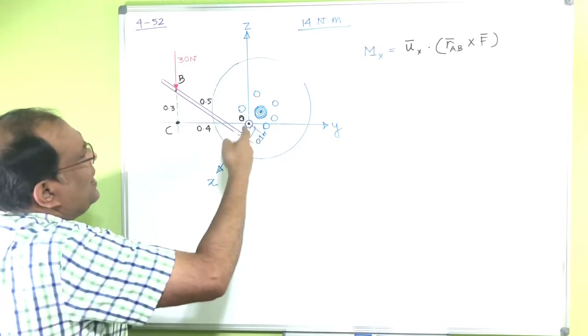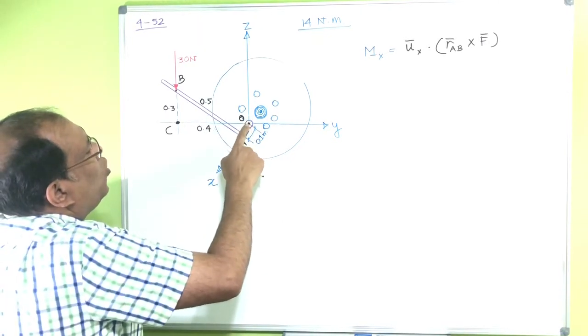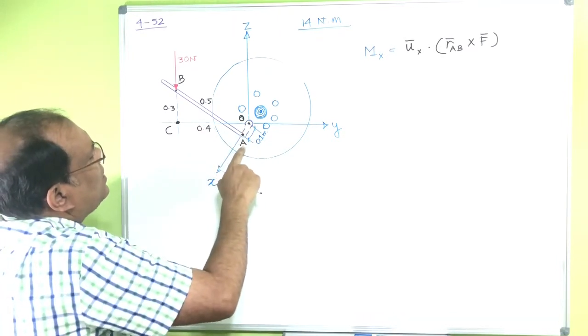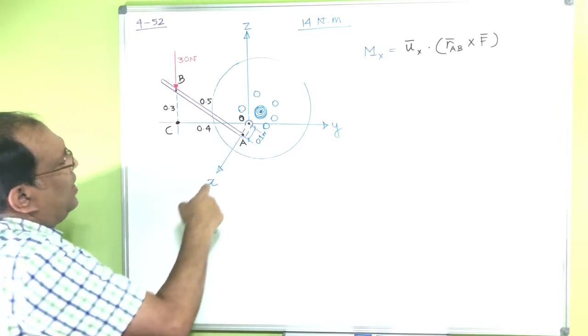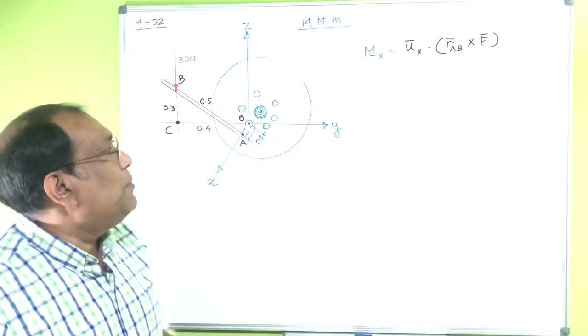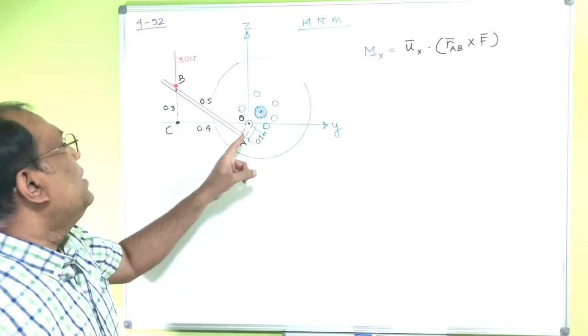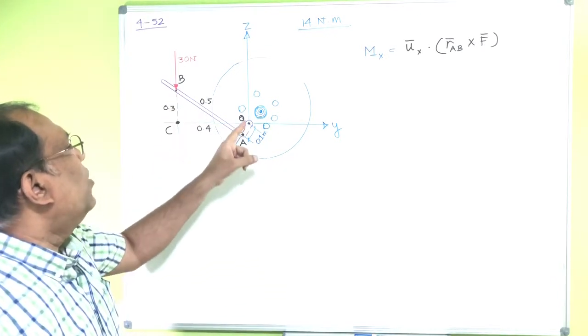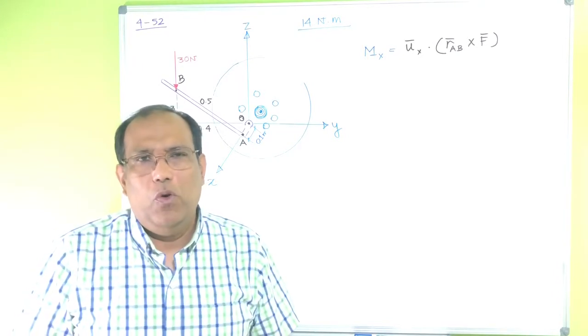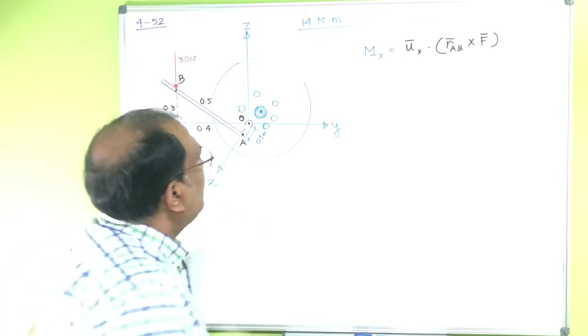Similarly, I know the location of O as well as the location of A, both are along the x-axis. So either I can take the position vector from A to B or O to C, that's up to you, whichever you feel more comfortable with. Now let's move forward.